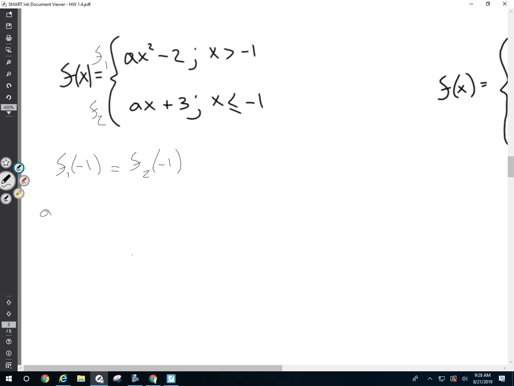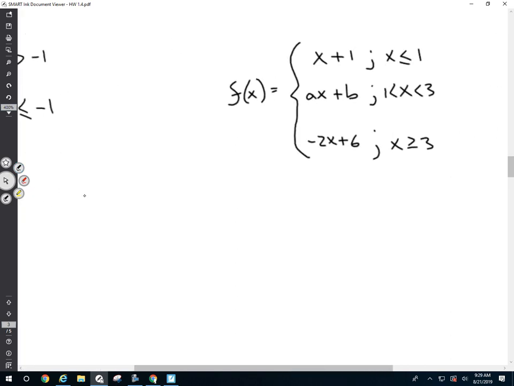Now I'd have a times negative 1 squared minus 2 equals a times negative 1 plus 3. This is a minus 2 equals negative a plus 3. I'll add an a to both sides, I get 2a. I'll add 2 to both sides, I get 5. Divide by 2, a is equal to 5/2.